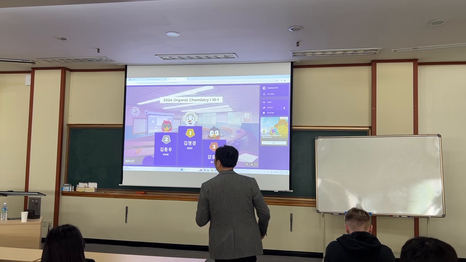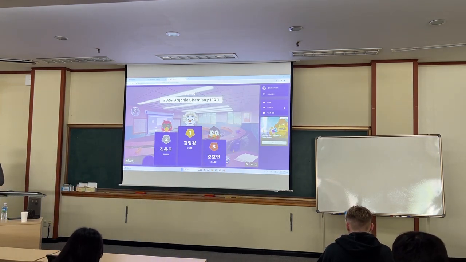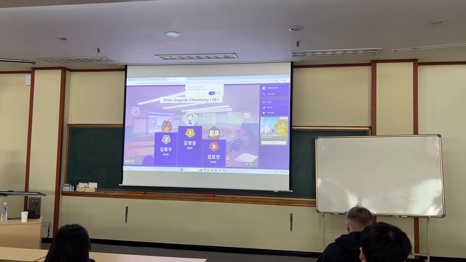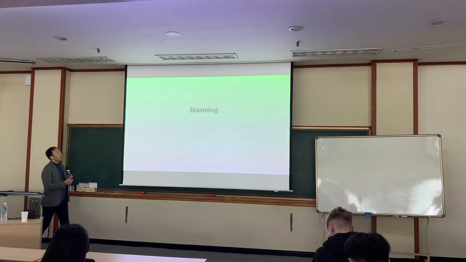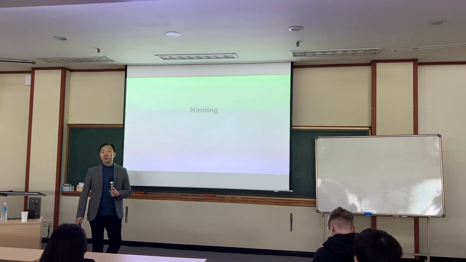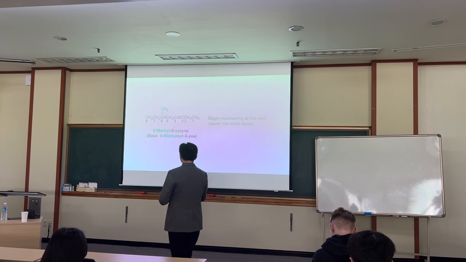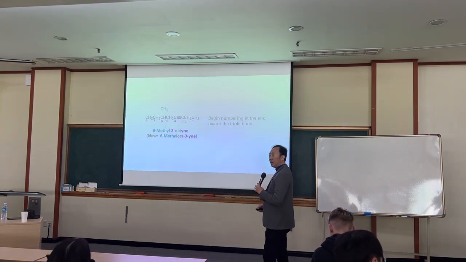Okay, now we will go to alkyne, the triple bond. First of all, let's start with the name. In the alkene case, we gave the name as alkene, octene, ending with ene, right?